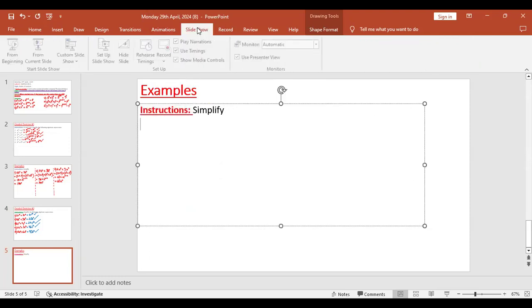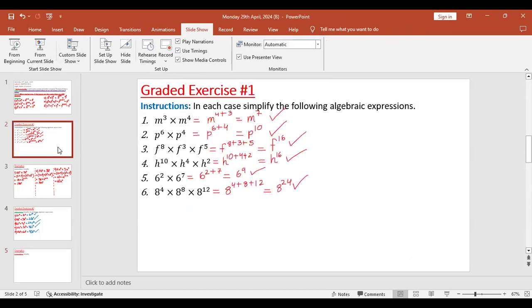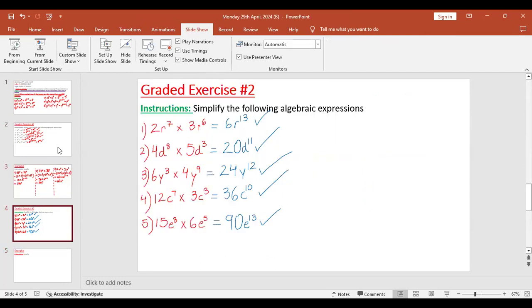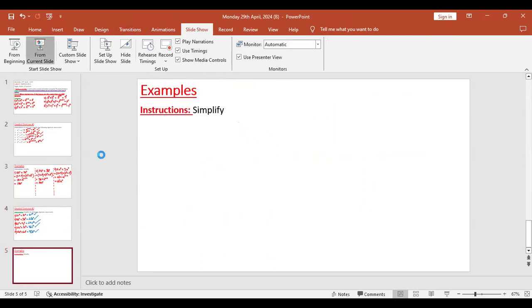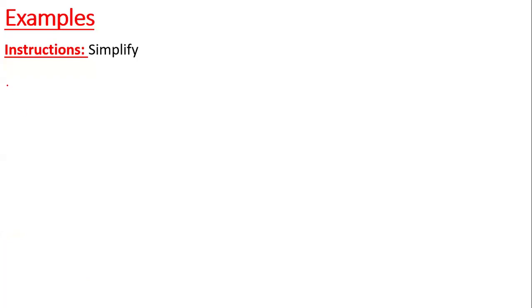All right, so let's go ahead. Say for number one we have b to the power of 2 multiplied by p to the power of 3 multiplied by b to the power of 4.